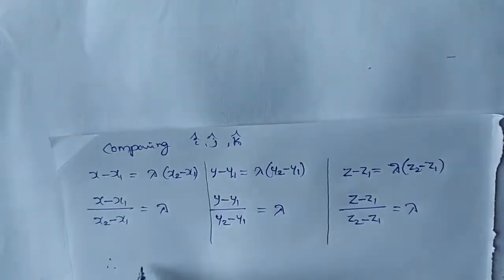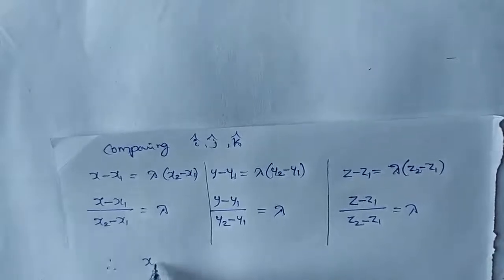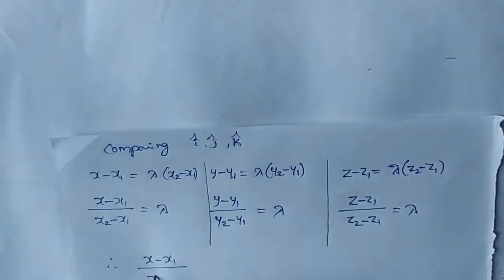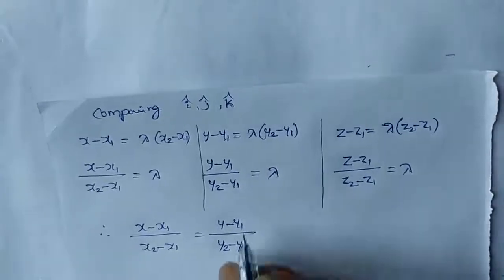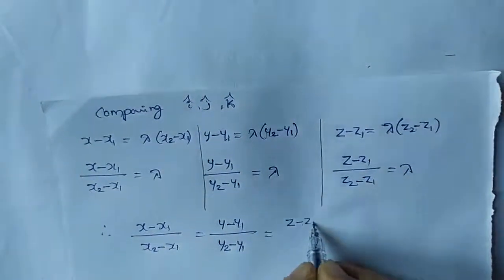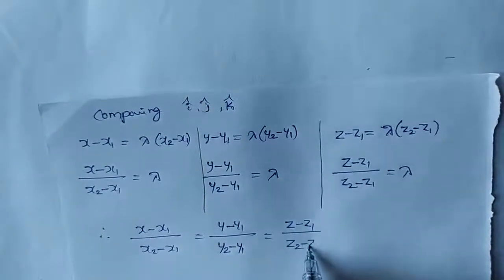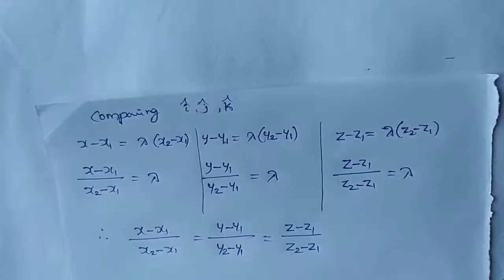Hence we can conclude that x minus x1 divided by x2 minus x1 equals y minus y1 divided by y2 minus y1 equals z minus z1 divided by z2 minus z1. Therefore, all these ratios are equal.